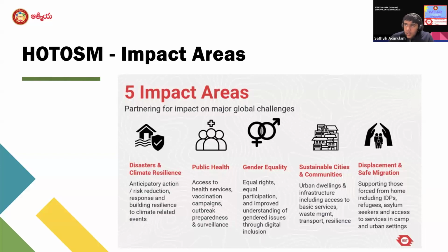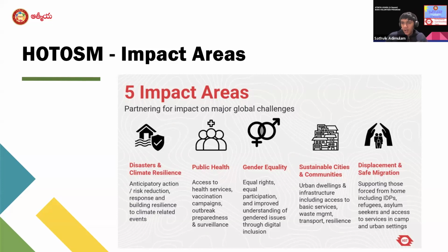Okay. So this is the very important part. So these are basically where HOTOSM makes the biggest impact. The first one is disaster and climate resilience. The contributions you make will allow communities to become more resilient, meaning they could reduce the effects of disasters by preparing in advance and by mapping the data, you know exactly where it is, where exactly to go to save people.